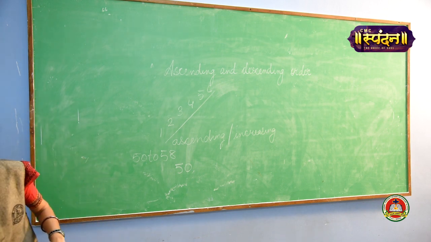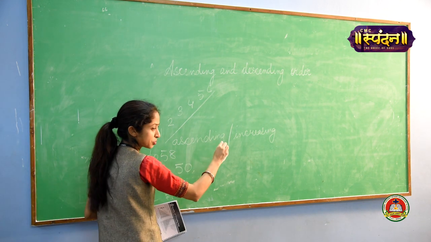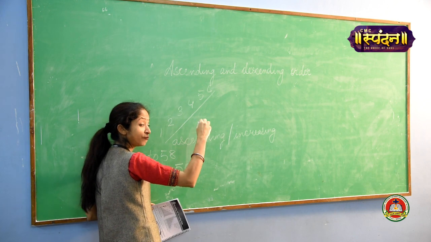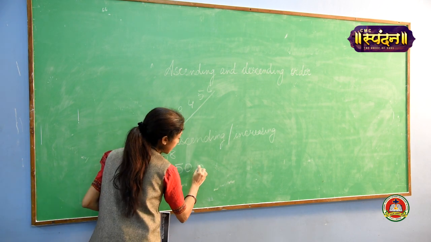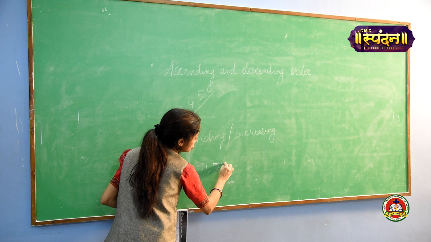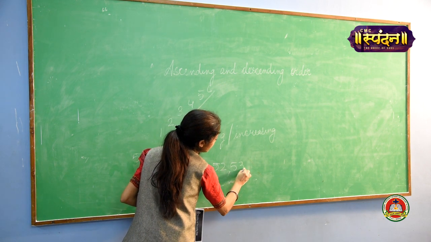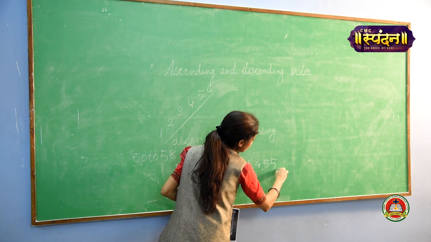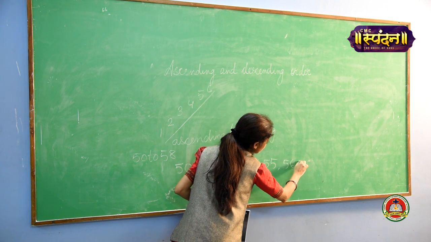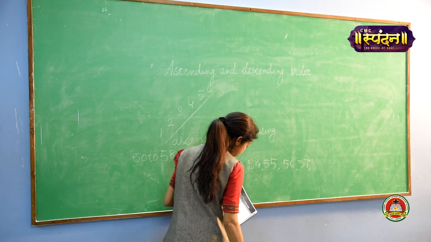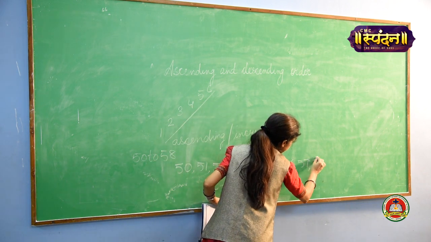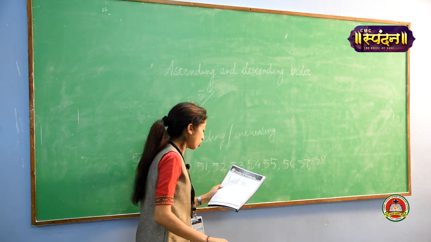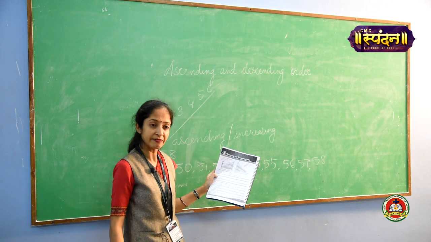After 50, we have to increase, move further, आगे बढ़ना है. 51, then 52, then 53, 54, 55, 56, 57 and 58. Okay. Now coming to next 70 to 76.